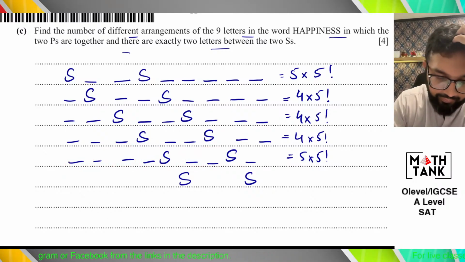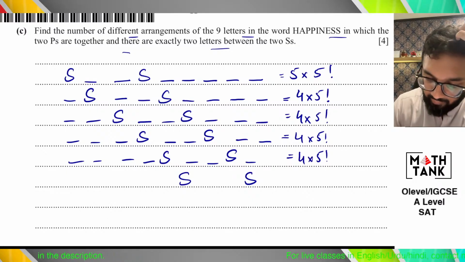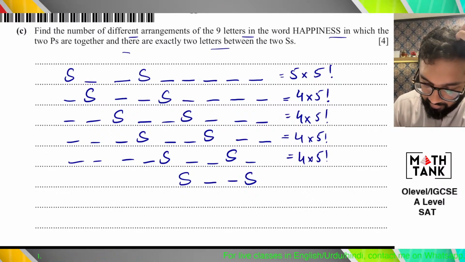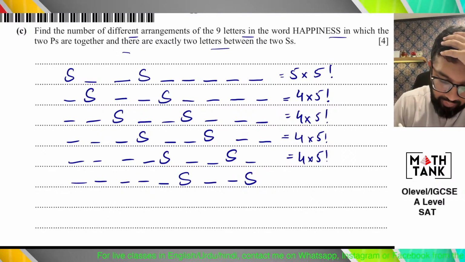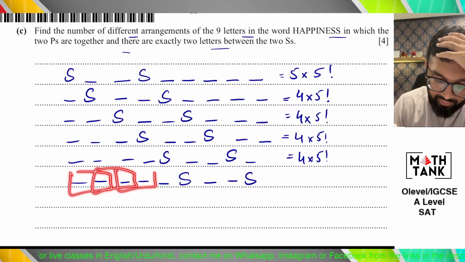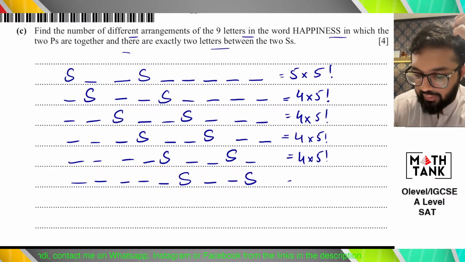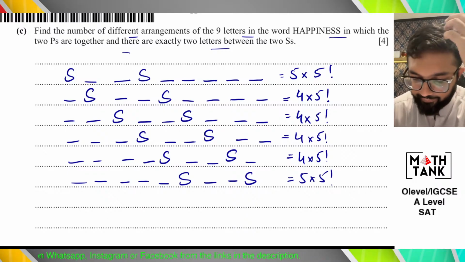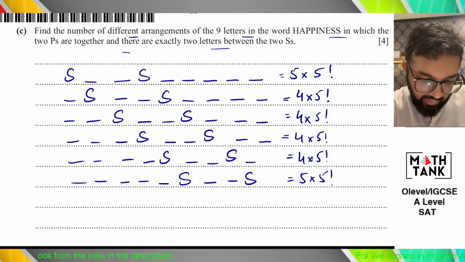Yeah, 4. So 1, 2, 3, 4, and 5. That's 5 into 5 factorial. Okay, let's see if I messed up the dashes also.